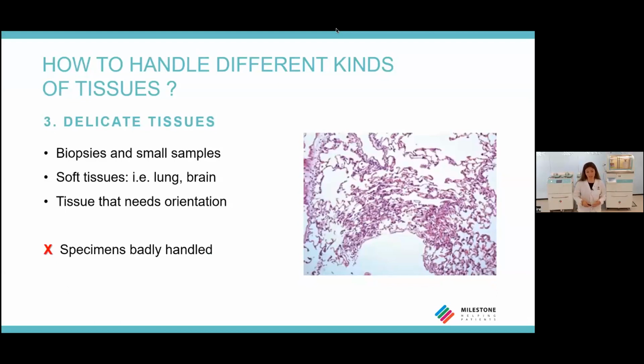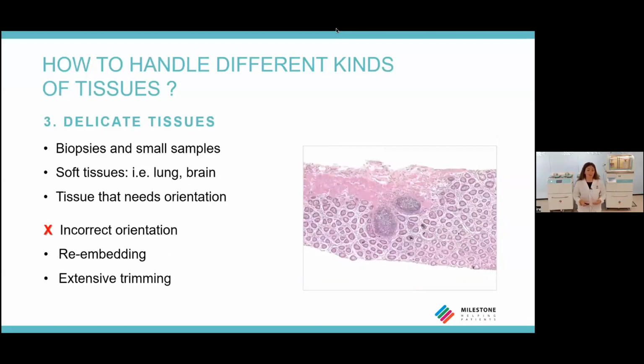So we can see here the hole left by a forceps. Another tissue that requires particular attention is a tissue that also needs a specific orientation, because if the orientation is not correct, the problem is that there is a loss of tissue as re-embedding is required, and also an extensive trimming of the block to obtain a full face section.